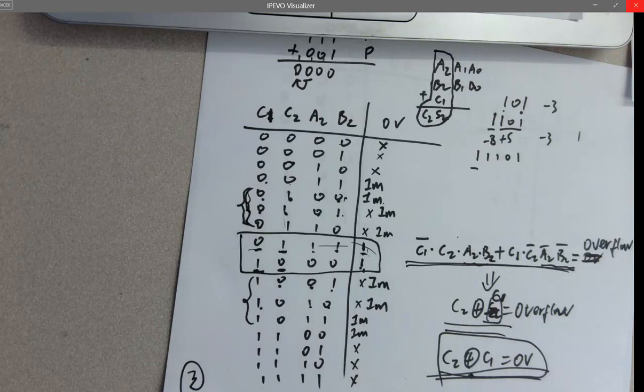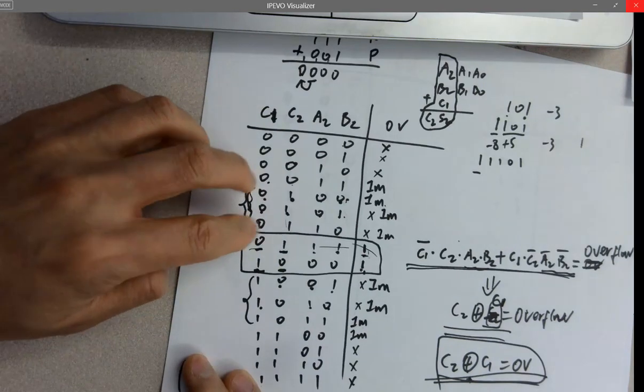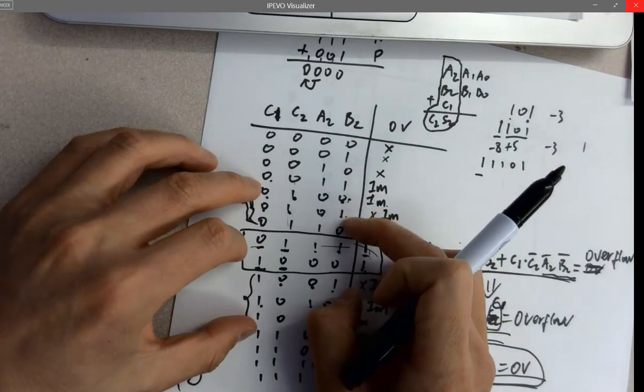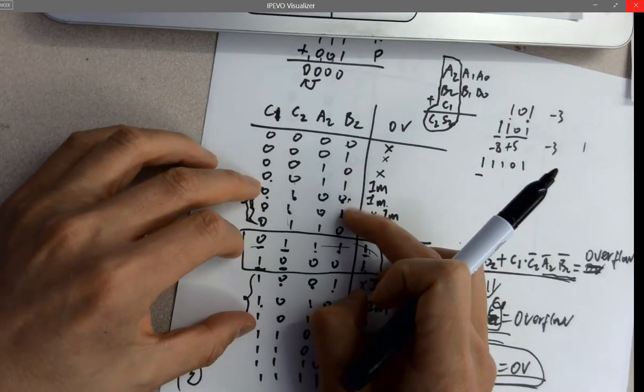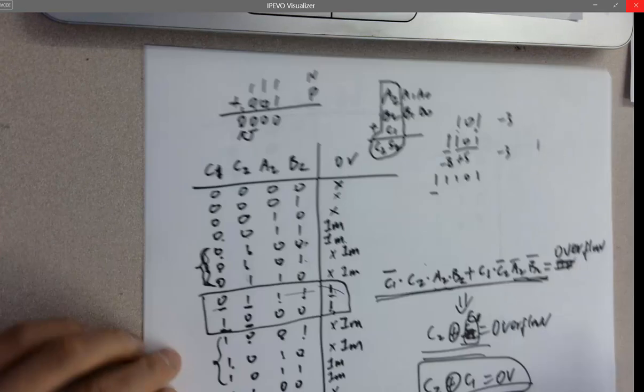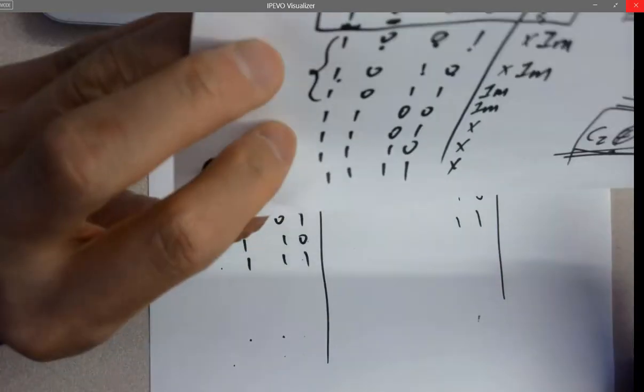Why? Because you have other XOR logic somewhere else which has different A2, B2s, and these are just impossible. Okay, so that's the final logic to get the overflow bit.